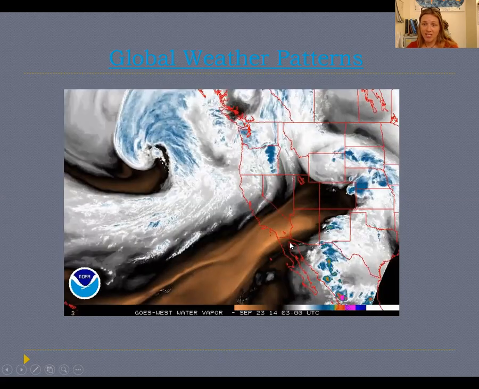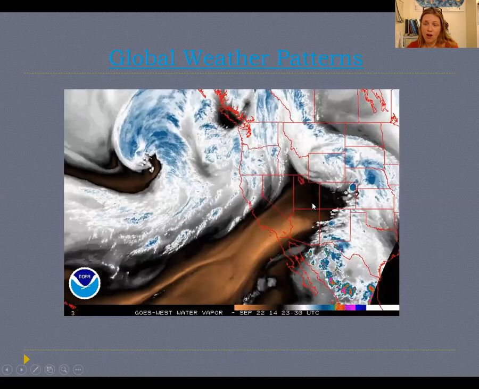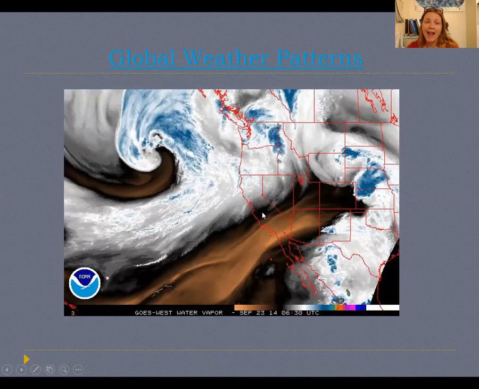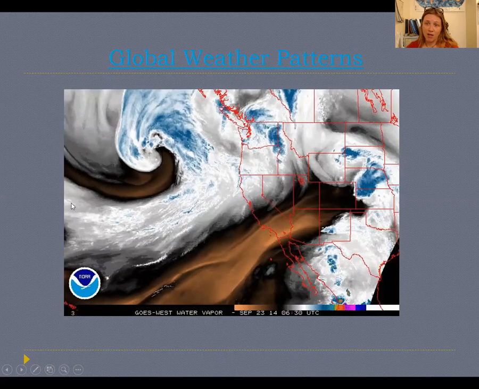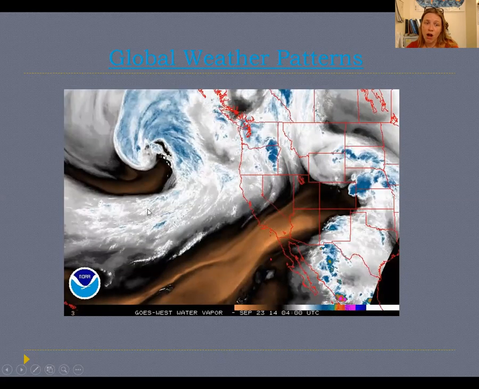Northern Mexico and Southern California and places like Arizona are very, very consistently dry. And then Northern California a little bit, and then Oregon and Washington are much wetter as air is moving off the ocean and being pulled into that location. So that's the kind of typical climate that we see because of our position within the global atmospheric circulation pattern.